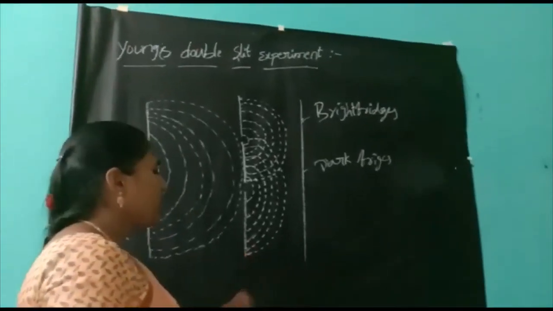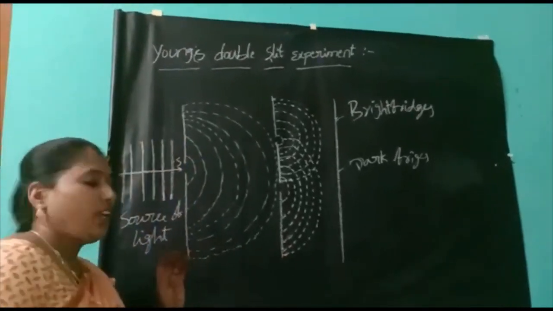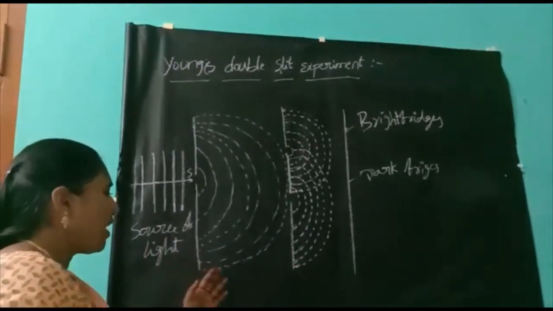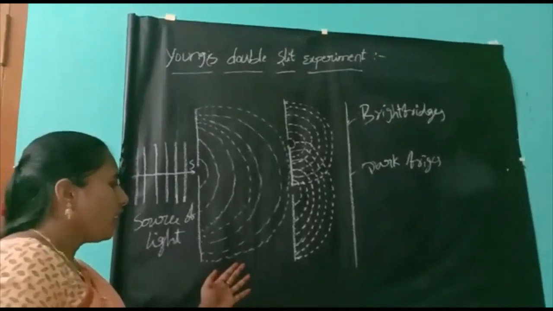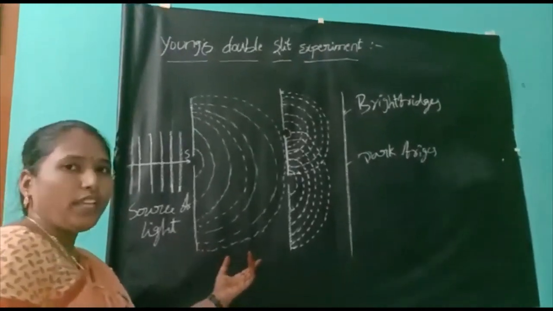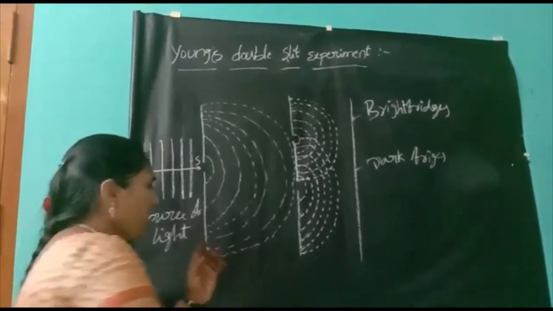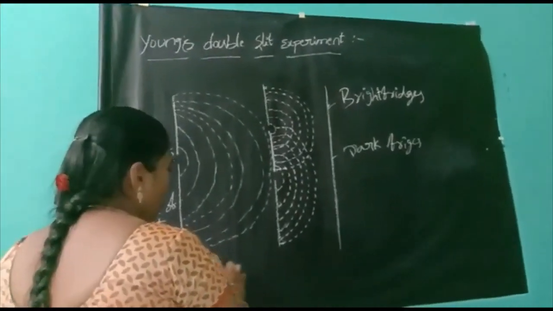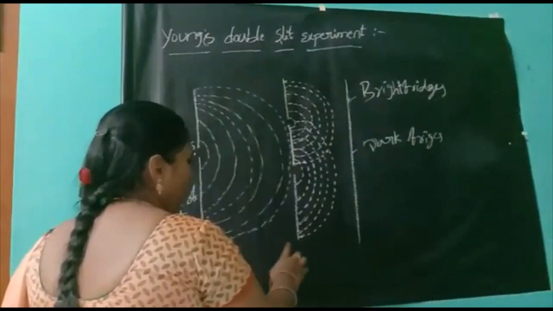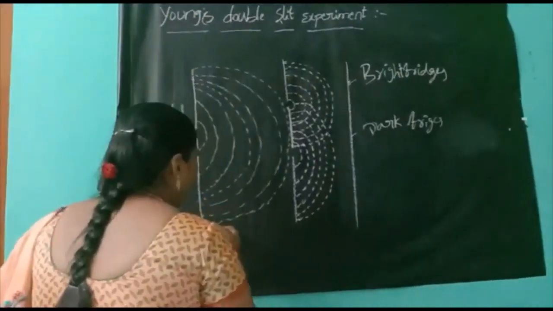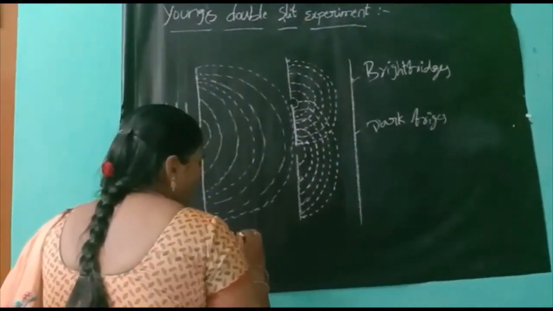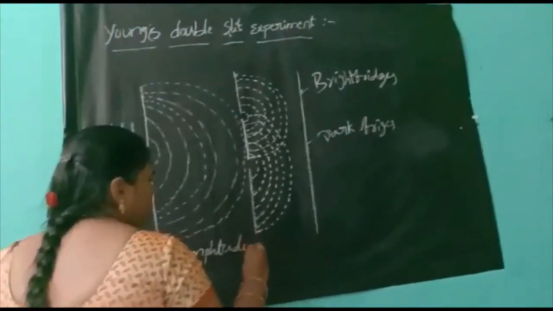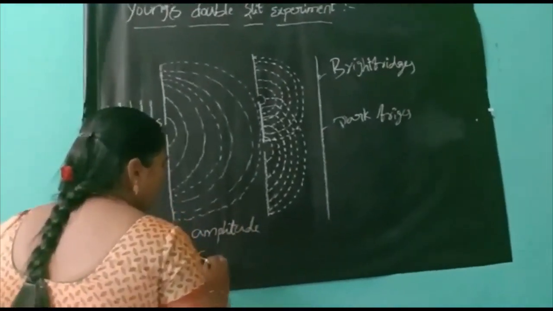What we understand from this pattern is that when this source of light passes through a slit, its amplitude is uniformly distributed in the form of a wave. This is amplitude splitting.